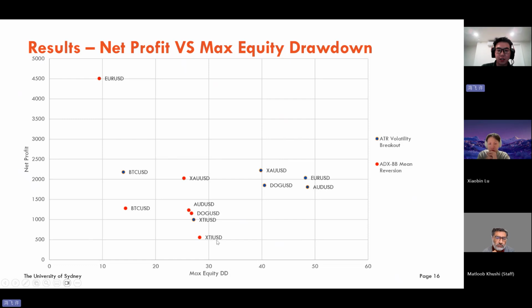And the XTI USD works the worst with the ADX strategy, maybe because oil goes up and down due to geopolitics, which is hard to foresee, and every move is sudden. So the strategy for the sideways market is not that fit for it.